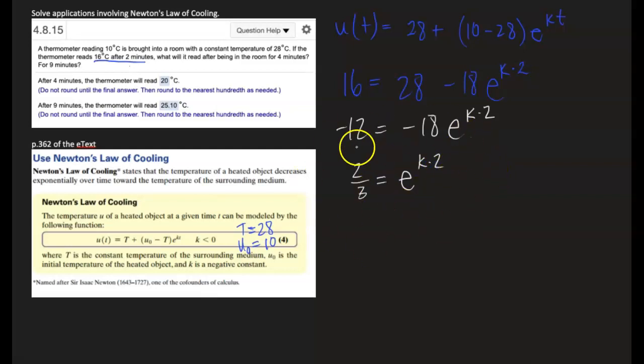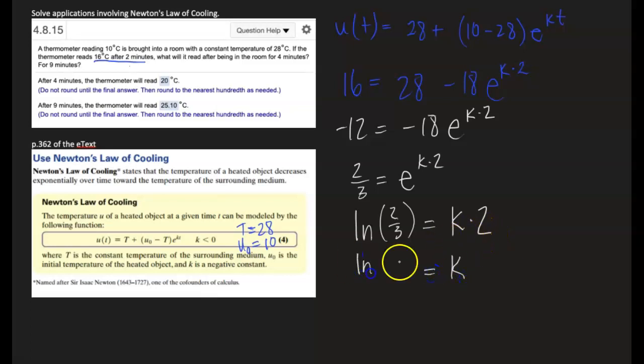And then this inverse is going to be changing the exponential form into its logarithmic form. And last but not least, divide both sides by 2. And we end up with k is the natural log of 2/3 divided by 2.